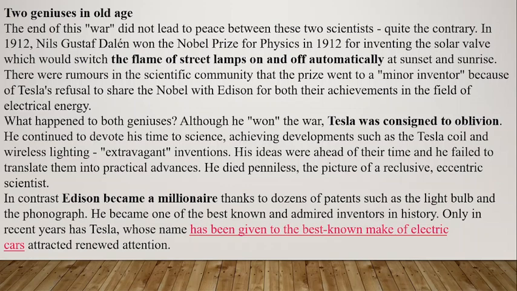He died penniless, the picture of a recluse, eccentric scientist. In contrast, Edison became a millionaire thanks to dozens of patents, such as the light bulb and the phonograph. He became one of the best known and admired inventors in history. Only in recent years has Tesla, whose name has been given to the best known make of electric cars, attracted renewed attention.